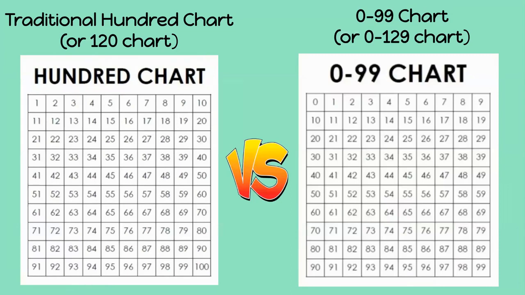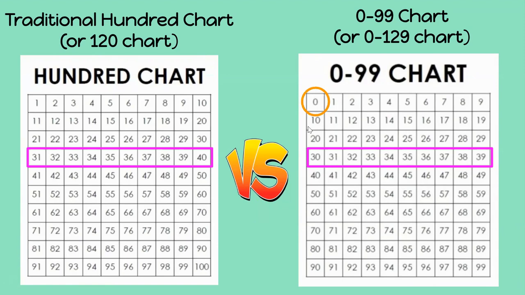So we're going to take a look instead at a similar chart that goes from 0 to 99. The big difference is when you compare a row here, a traditional 100 chart has a row that starts at 31 and ends at 40, whereas on a 0 to 99 chart, the whole decade from 30 to 39, that whole number family, is included, which is really helpful for our students to see that whole pattern of counting.